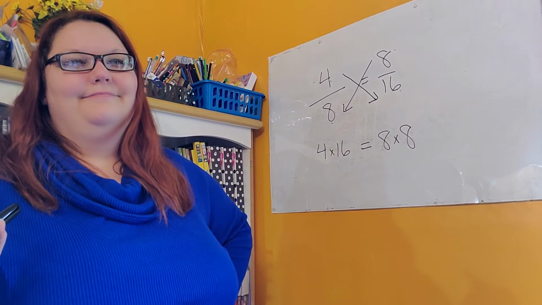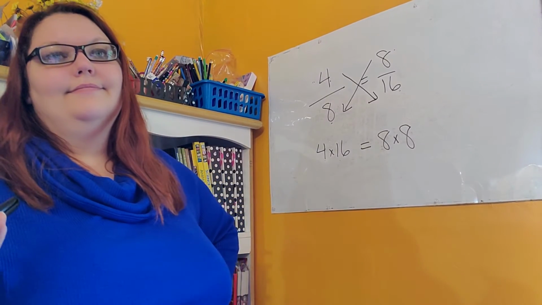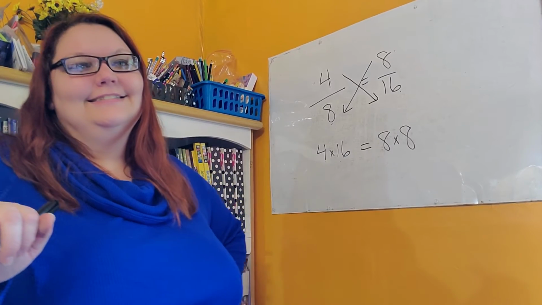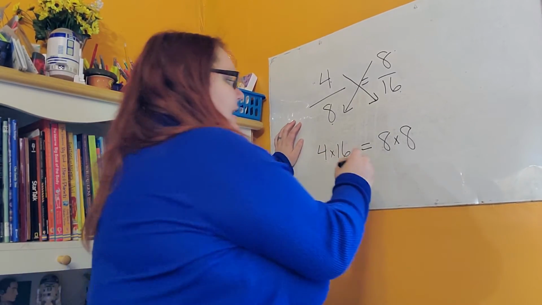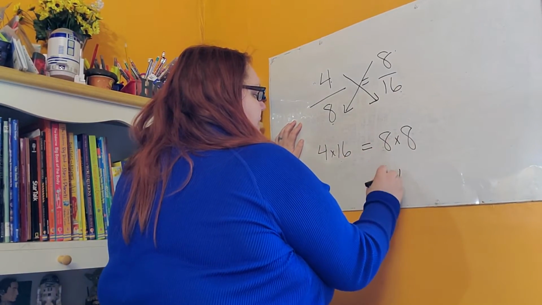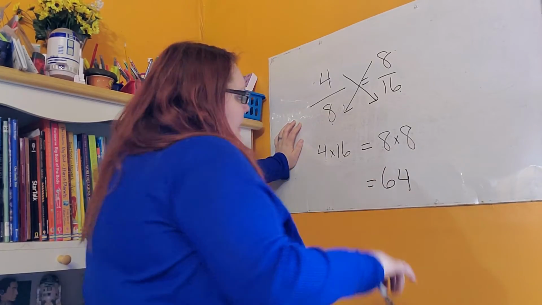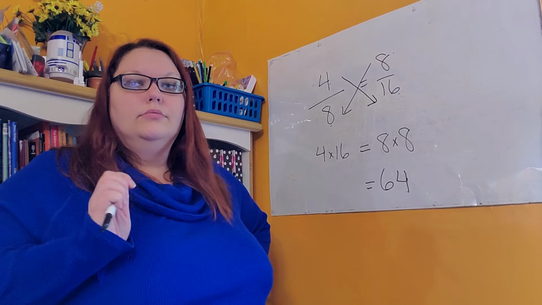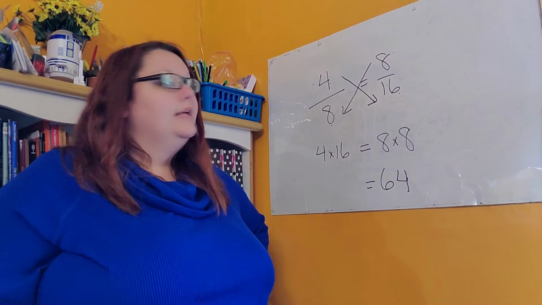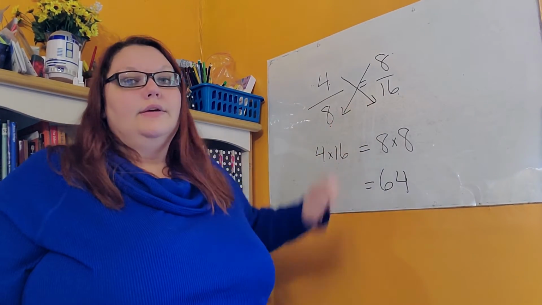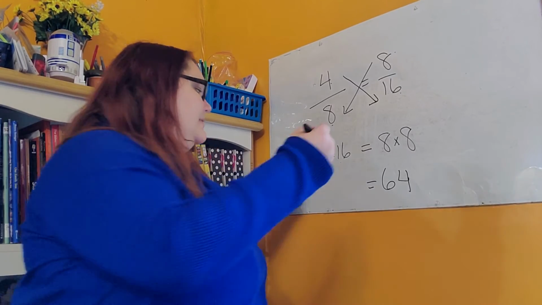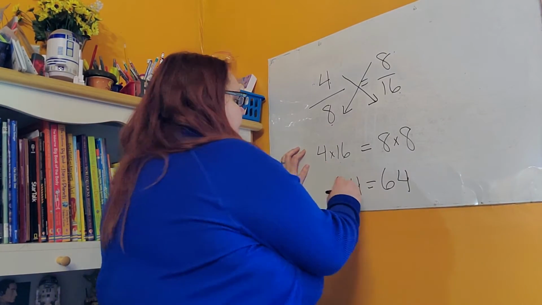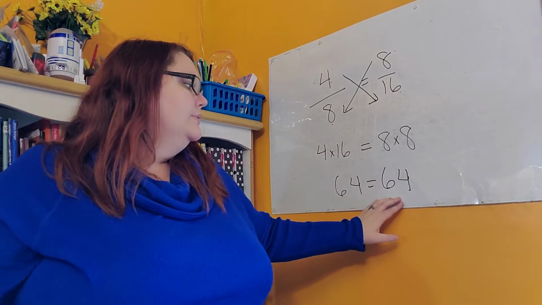Yes. I know that 8 times 8 is going to be 64. So when Emily gives us the answer to this, we'll see if it is equal. And if it is, then these two will be equivalent fractions. 64. 64. So, 64 equals 64.